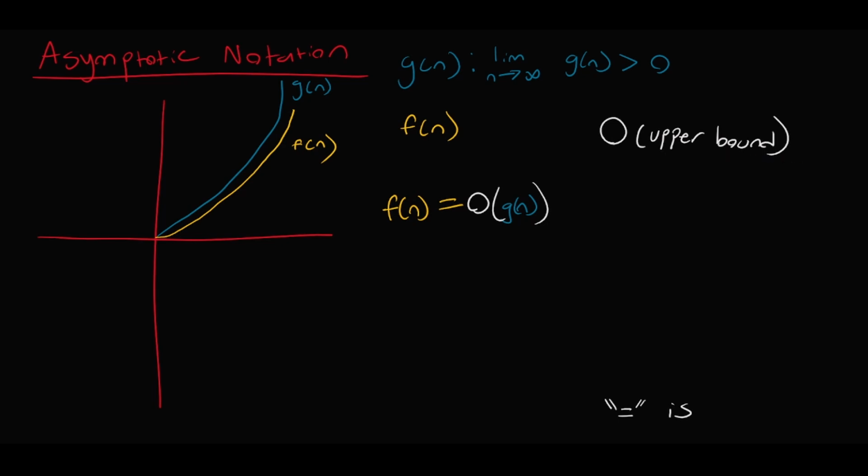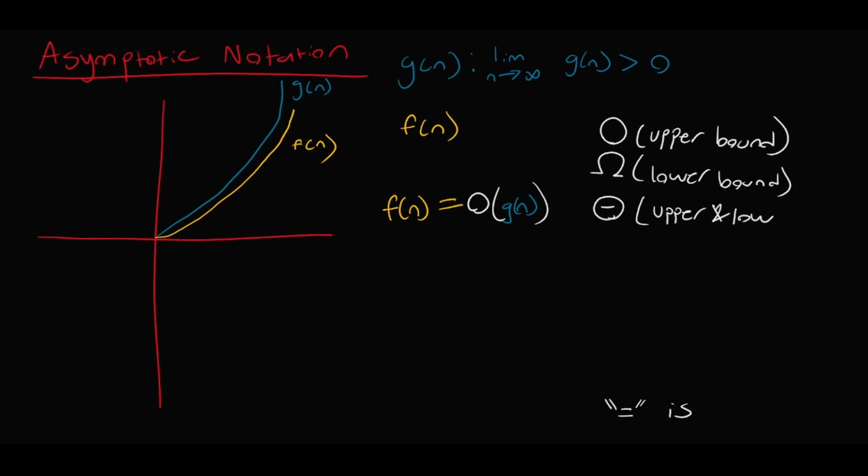We have others. We have omega, which is lower bound. We have theta, which is both upper and lower bound. It's sometimes called a tight bound, or for simplicity, I like to call it the upper and lower bound.